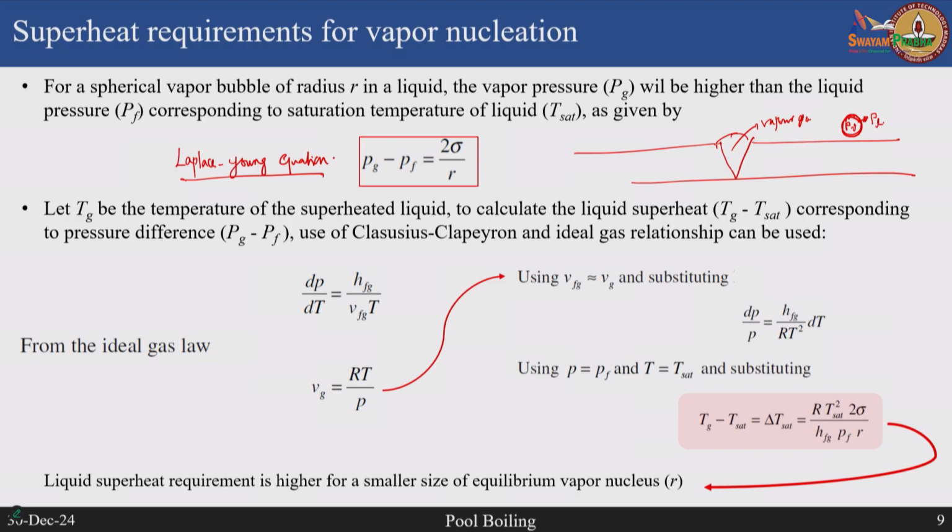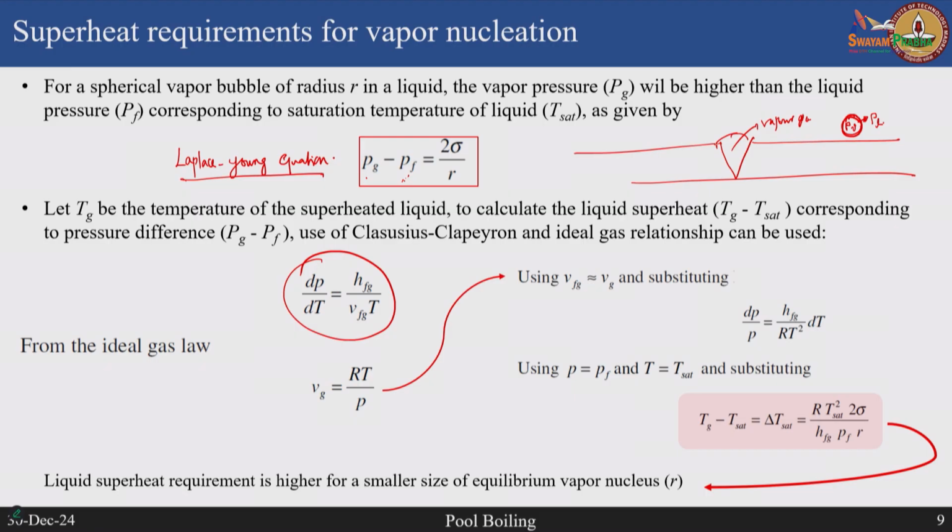So, in order to do that, there has to be a pressure difference between the vapor and the surrounding liquid or surrounding fluid. What happens is inevitably, since the pressure inside is higher, the corresponding saturation temperature for the vapor to exist inside the bubble should also be higher, right. That is given by the Clausius-Clapeyron equation. The relation between the pressure and the temperature is given by the Clausius-Clapeyron.